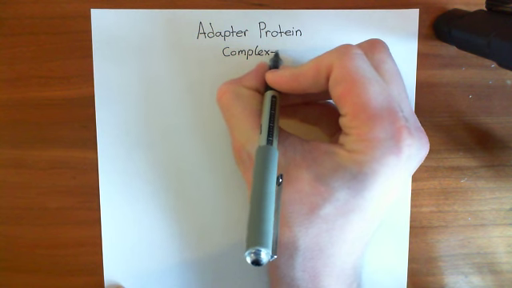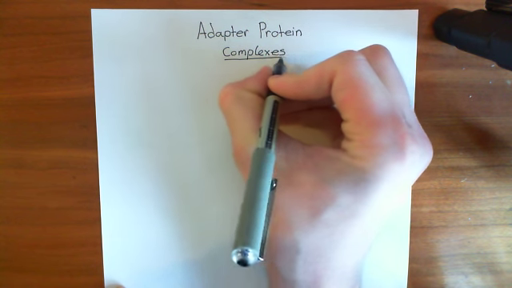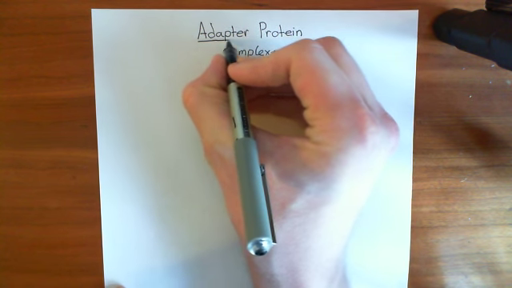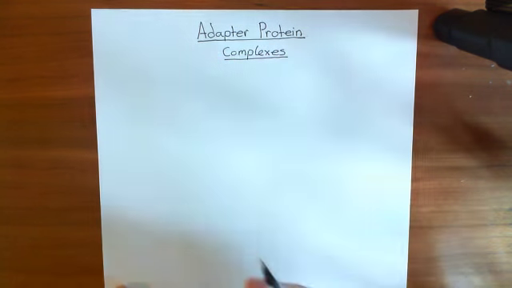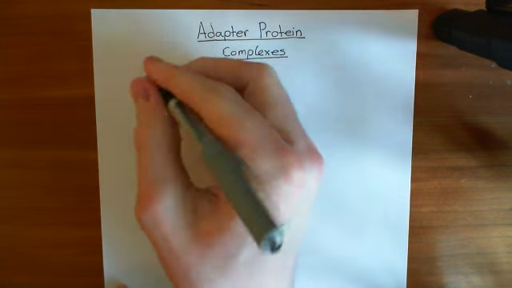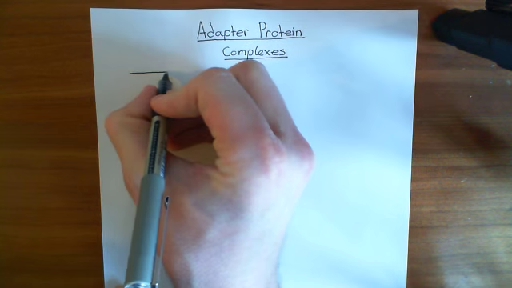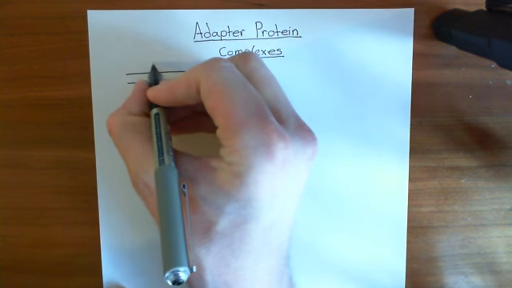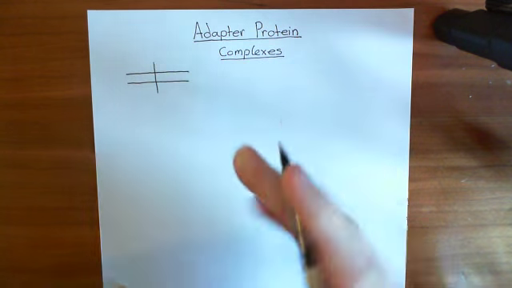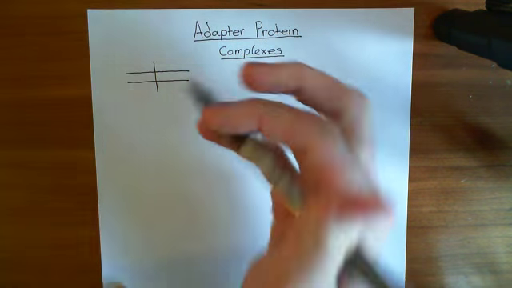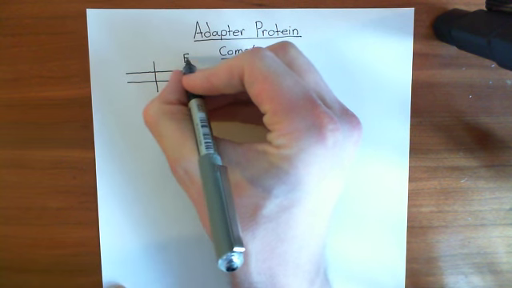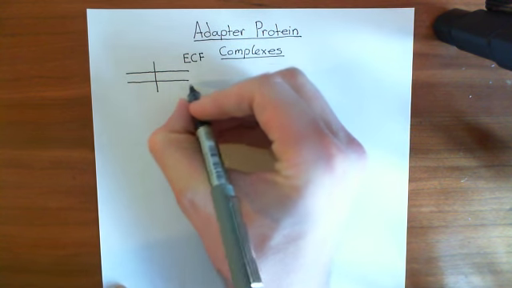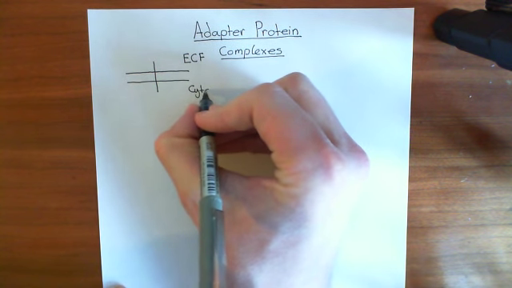Okay, so let's begin then. If we want to endocytose a protein from the plasma membrane, let's say we have our phospholipid bilayer here, and we have some protein in the plasma membrane that we want to endocytose. Let's say this is the extracellular fluid here, and this is the cytoplasmic side here.